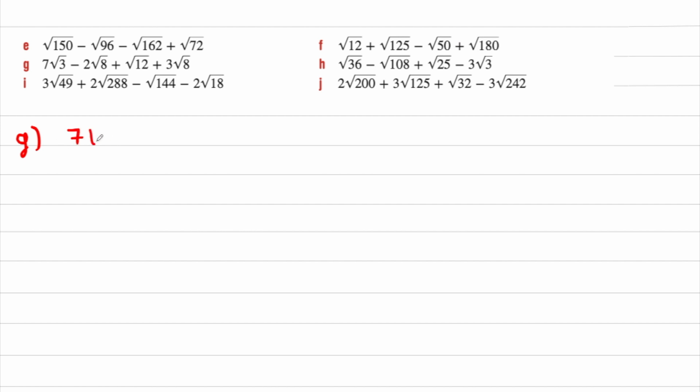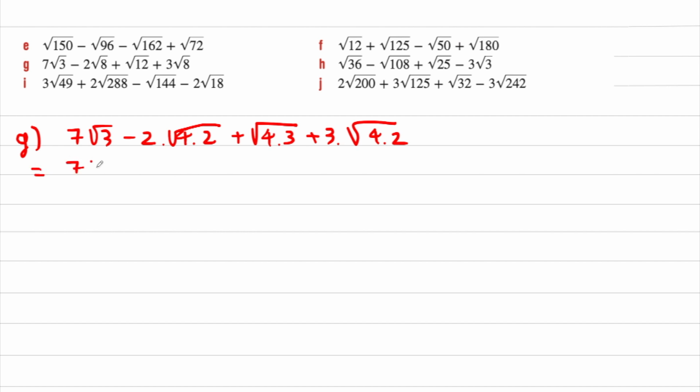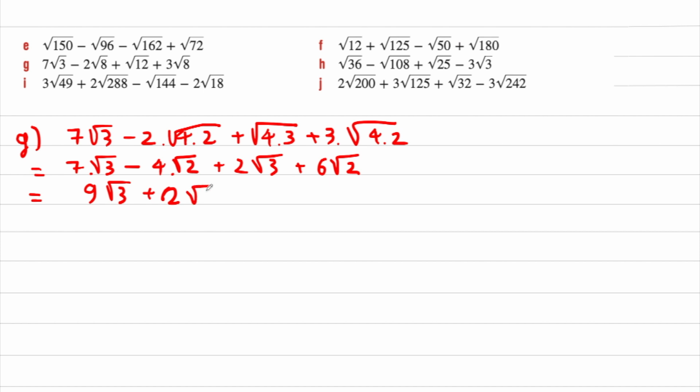Question G. 7 square root 3 minus 2, 4 times 2 plus 4 times 3 plus 3 square root 4 times 2. 7 square root 3 minus 4 square root 2 plus 2 square root 3 and plus 6 square root 2. Simplify 3 and 3, you have 9 square root 3 minus 4 plus 6, you got plus 2 square root 2.